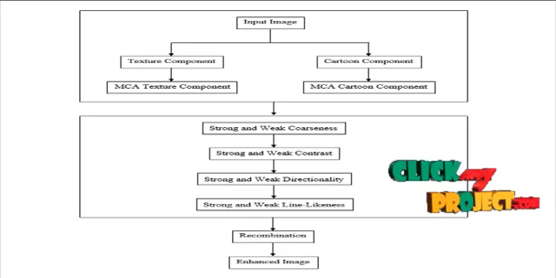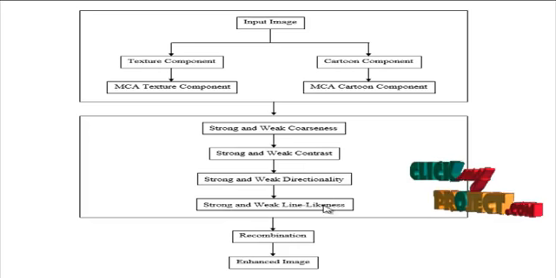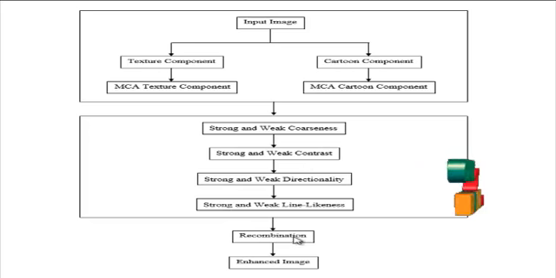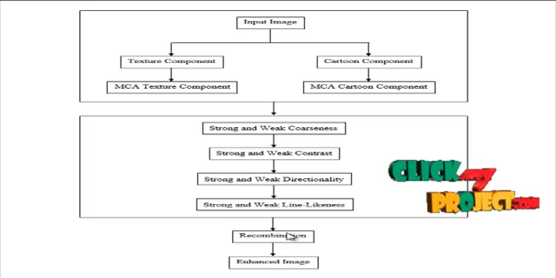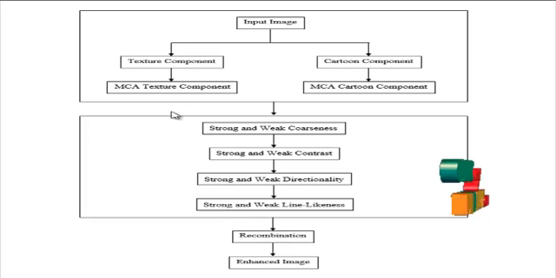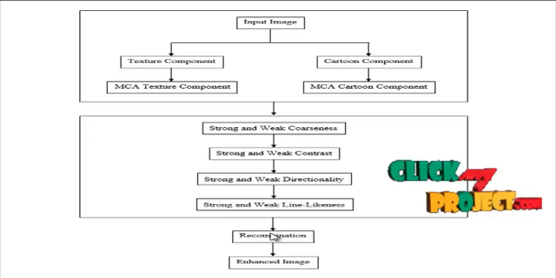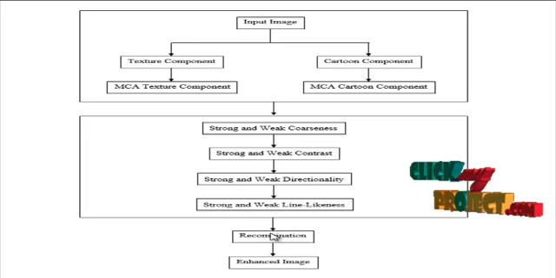These components are all measured, and finally the texture component and the cartoon component are recombined in order to produce the enhanced image. Thus, the input image is divided into texture and cartoon components and enhanced, resulting in the texture enhanced image, which is more enhanced compared to the input image.